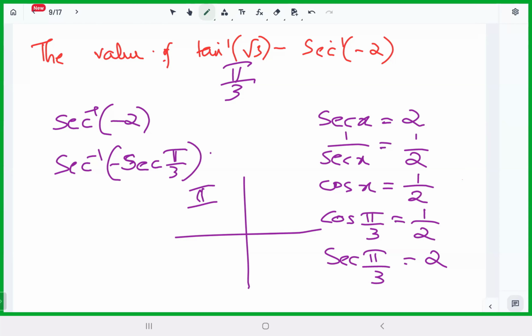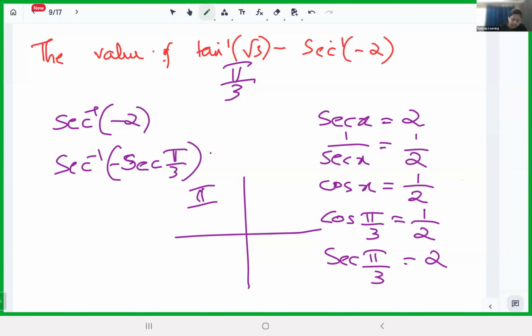We know that in the second quadrant, only sine and its reciprocal cosec are positive, so sec is obviously negative. The angles in the second quadrant can be written as pi minus something, isn't it? The general form of the angles in the second quadrant is pi minus theta. So if I write it as pi minus pi by 3.